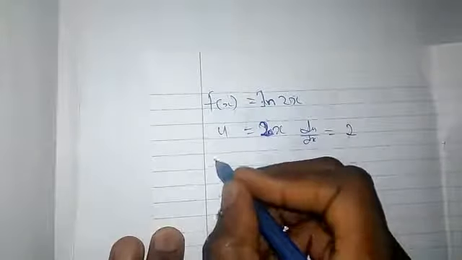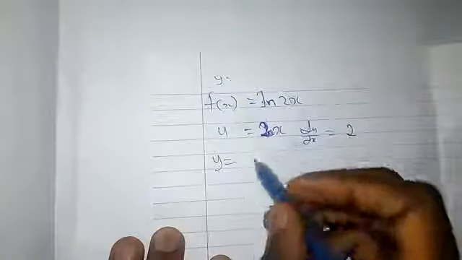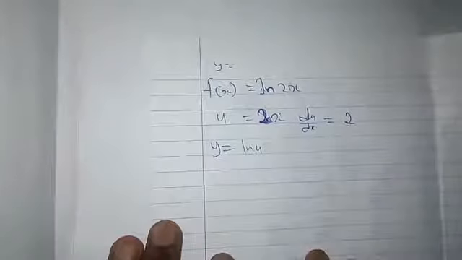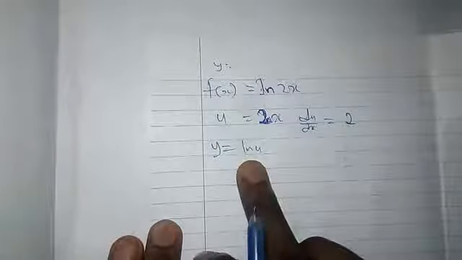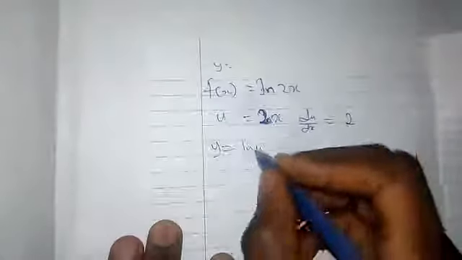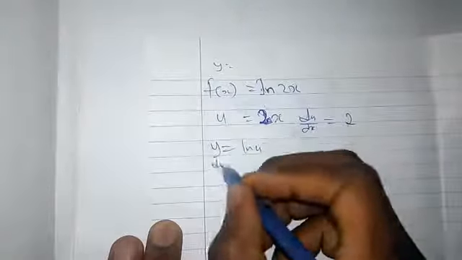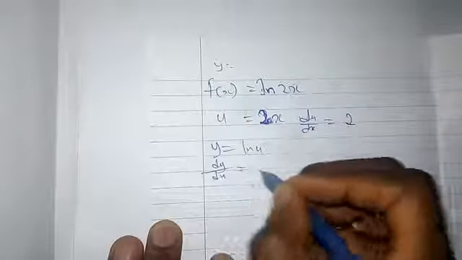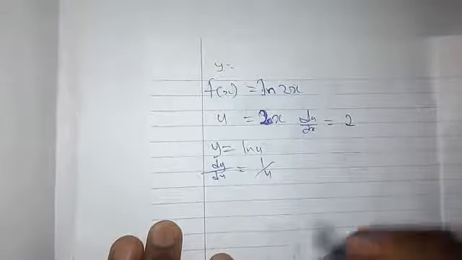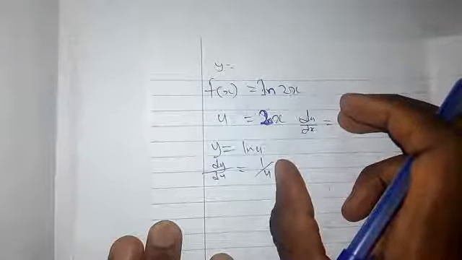So now your y, that is your function here, will now be ln u. So now you differentiate it. That means you have dy/du equals 1 over u. Then you multiply it together to have dy/dx.